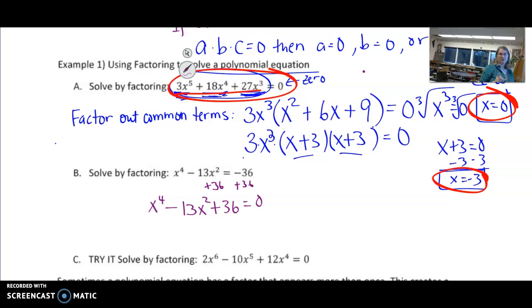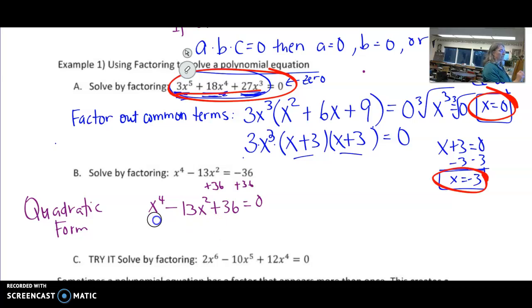This is not quite a quadratic. It's in what's called quadratic form. Something is in quadratic form when the variable is to the 4th power, the next term has half of that power, x to the 2nd, and then we have a constant.